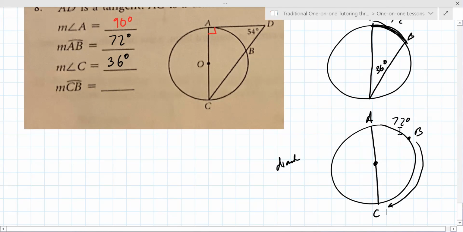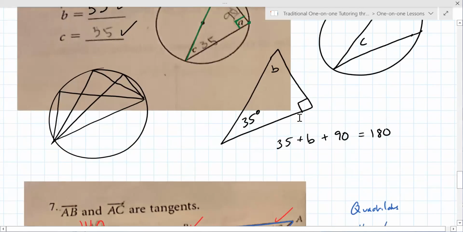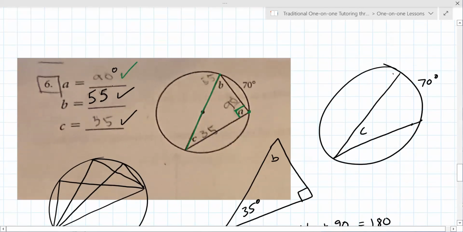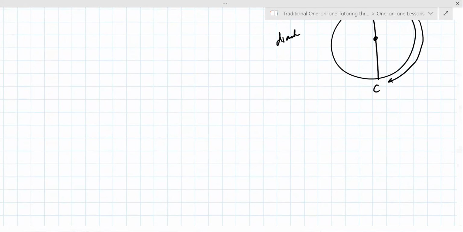That's right. So that would have to be 108 degrees from B to C. Yeah, you got it. Once you figure out A, the rest of it falls into place. And again, make sure you put some degree symbols on here. I didn't do that in one of the earlier problems. That's all good.